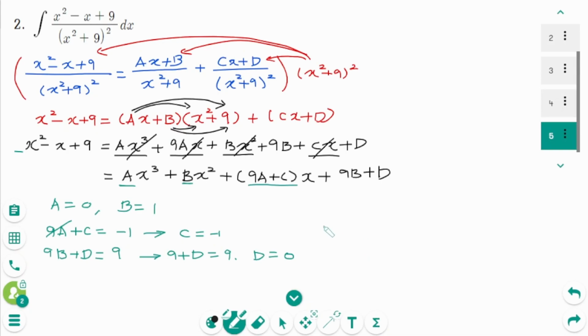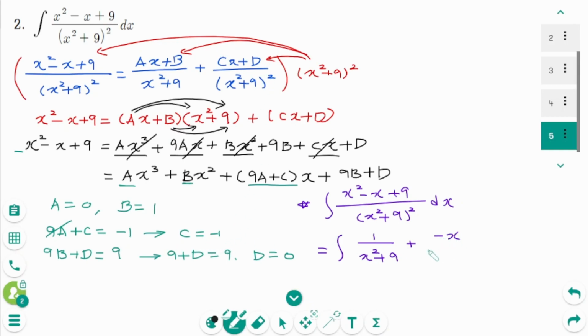Finally, we can conclude that the integral of x squared minus x plus 9 over x squared plus 9 squared dx is the integral of ax plus b, where a is 0, so 1 over x squared plus 9, plus cx plus d, where c is minus 1, so minus x, and d is 0, over this part x squared plus 9 squared, then dx.